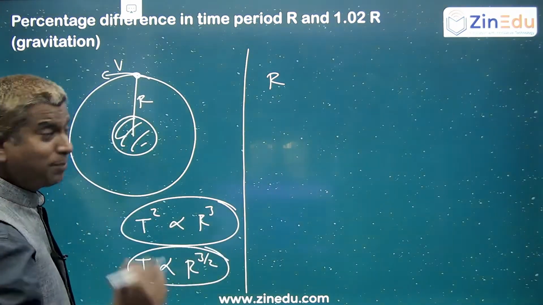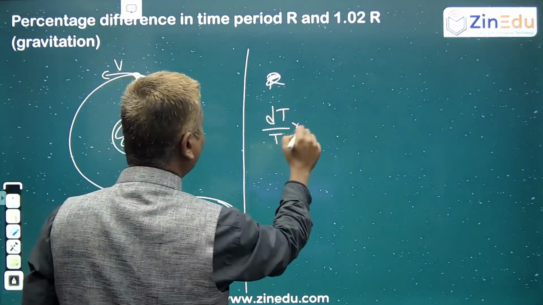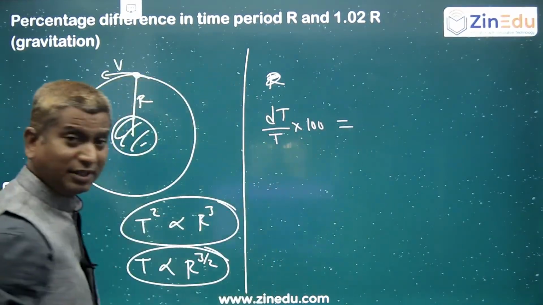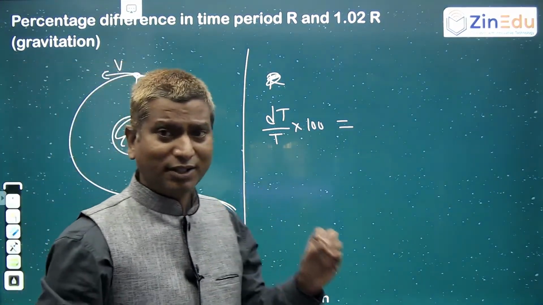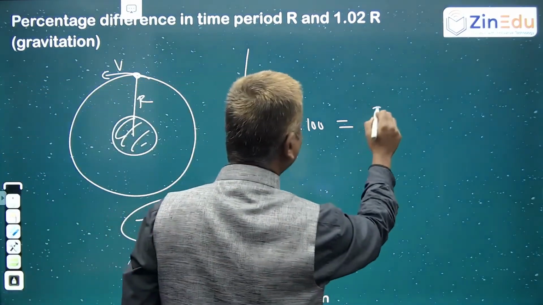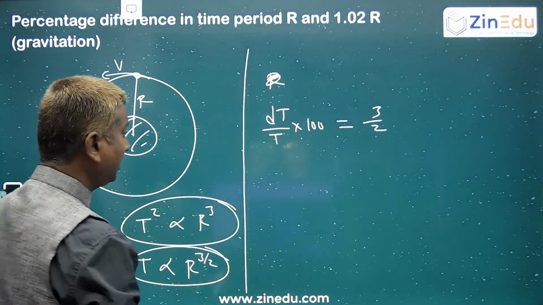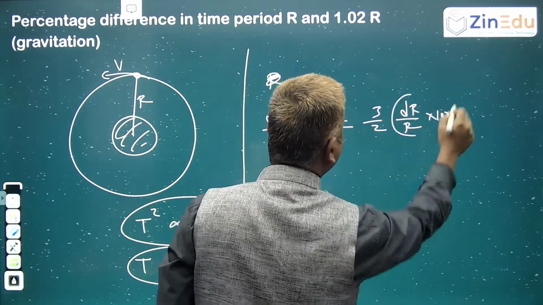When you want the percentage change in the time period, because T is directly proportional to r power 3 by 2, for a small percentage change, dT by T times 100 is called the percentage change in the time period. Since 2% is a small value, you can easily write 3 by 2 times dr by r.